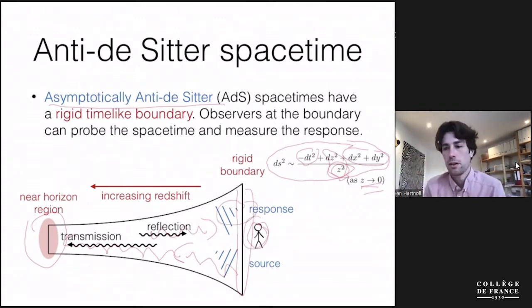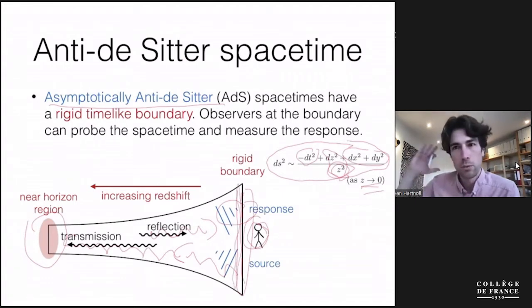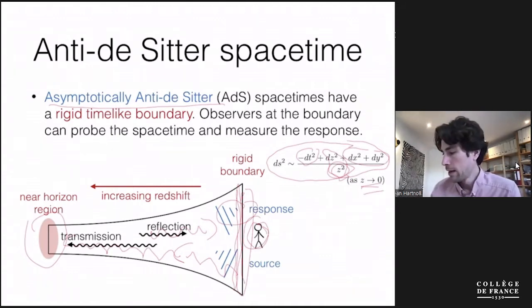So an observer sitting at the boundary of AdS can perform an experiment, which is like looking at a correlation function. You emit a source, and you get a response. That's the basic thing that AdS lets you do. It gives you somewhere well defined that the observer can be to do this kind of experiment. And of course, as you go in, there's an increase.